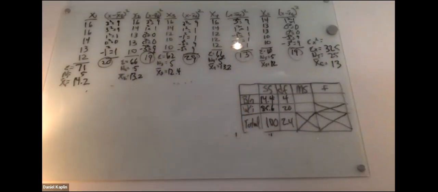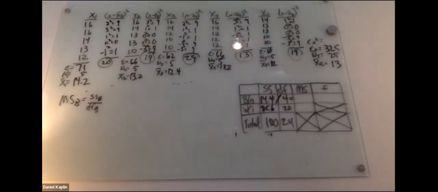I think you're going to like it. So mean squares between groups is SSB over DFB.